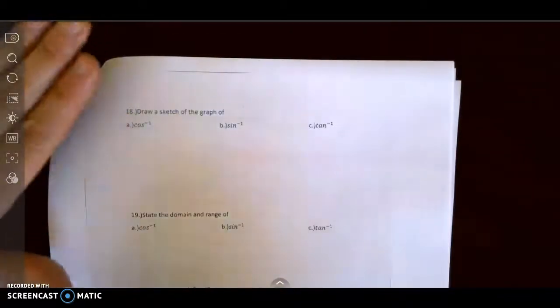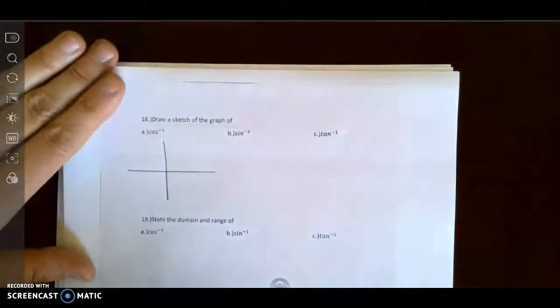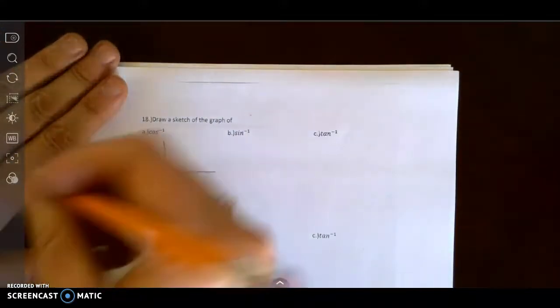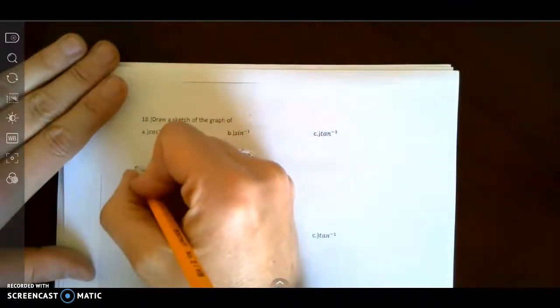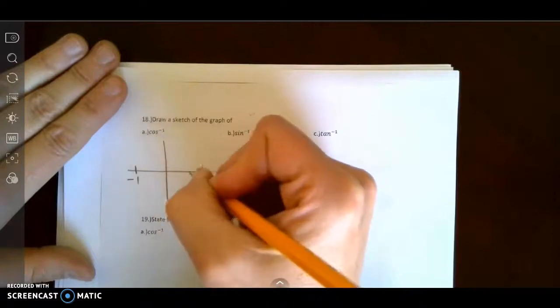Now we're asked to draw a sketch of the inverse cosine. So for inverse cosine, I remember that inverse cosine is in quadrants 1 and 2. Everything is above, and it goes from -1 to 1.